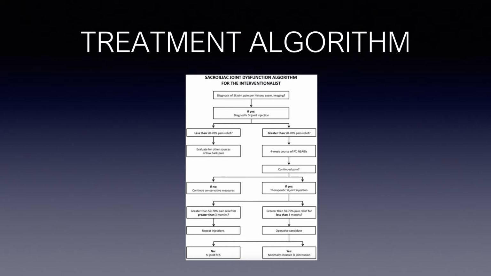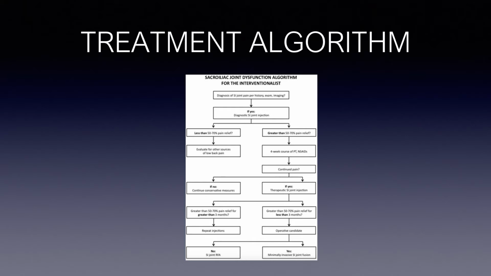Currently the trend of treatment is minimally invasive sacroiliac joint fusion. If the pain is not getting better or is getting better less than 50%, we have to evaluate the other source of the pain. We have to evaluate the lumbar spine, the hip joint, and also the lumbosacral plexus anterior to the spine, and pathology that involves the psoas muscle and the area anterior to the spine.